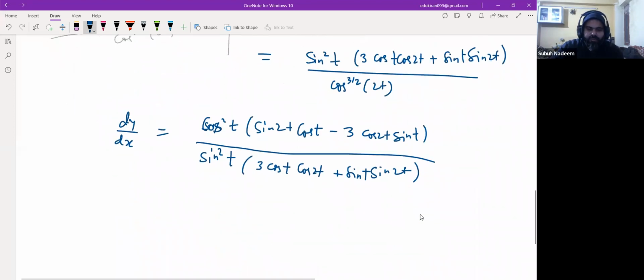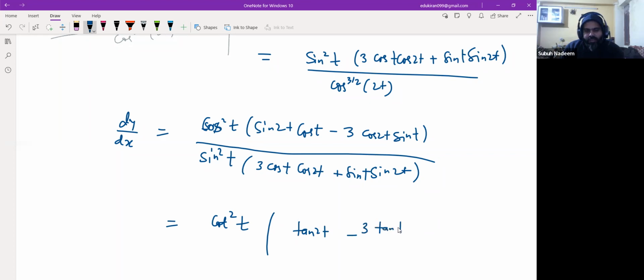The final result may be expressed in some other way. Maybe cos square t by sine square t is cot square t, and maybe they have divided by cos t cos 2t. So this will be tan 2t, and this will be minus 3 tan t, and this will be 3 plus tan t tan 2t.